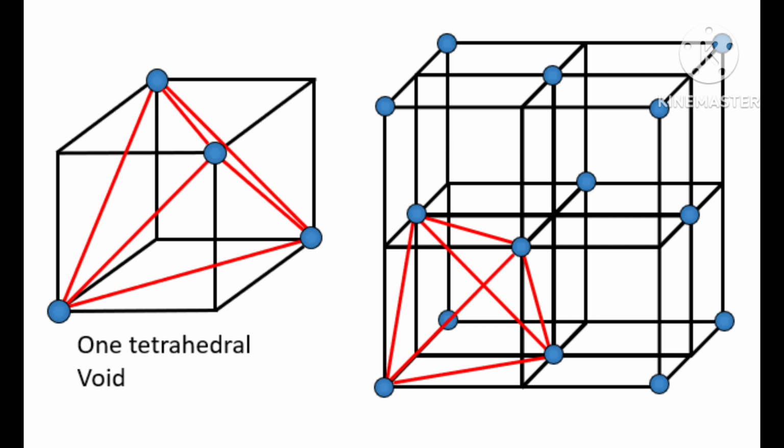We know that close packed structures have both tetrahedral and octahedral voids.